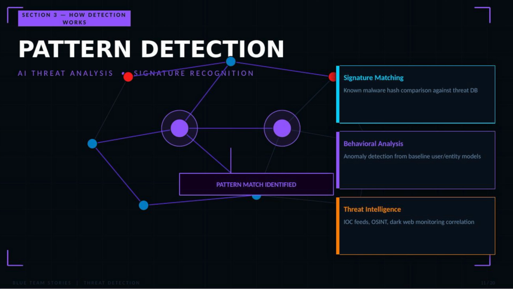For example, unusual login behavior combined with suspicious file access and abnormal network communication may indicate an ongoing compromise. By correlating these events together, detection systems can identify attacks much faster than manual monitoring alone. This ability to recognize hidden patterns is one of the most powerful capabilities in modern cybersecurity.